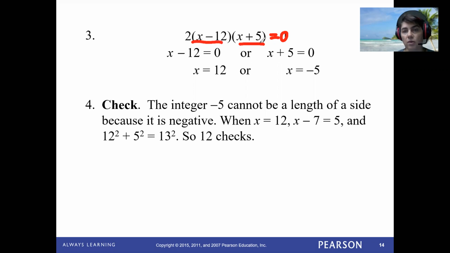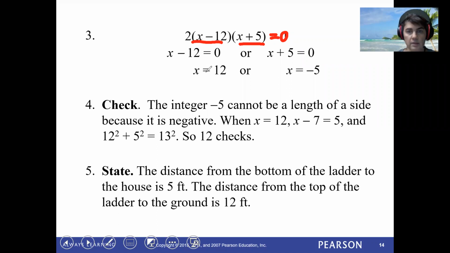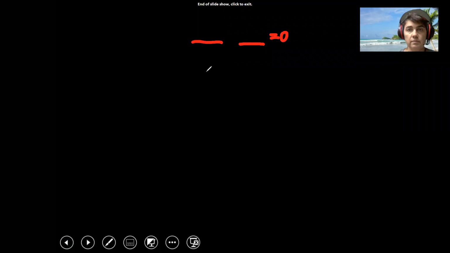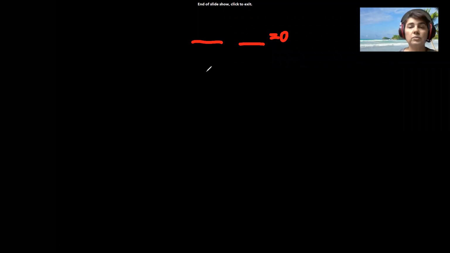The 2 doesn't play any role because 2 is 2. Check your answer and you are going to get 12.